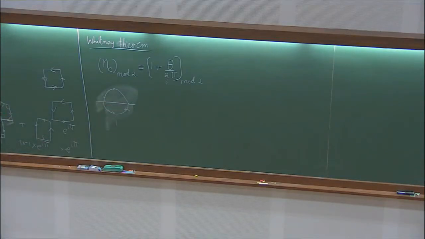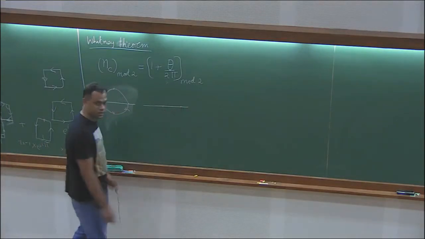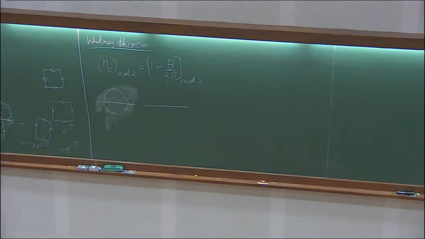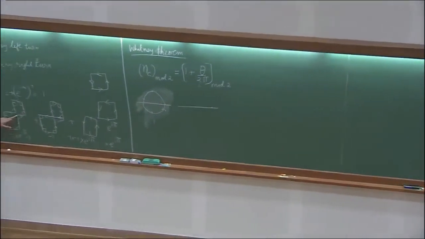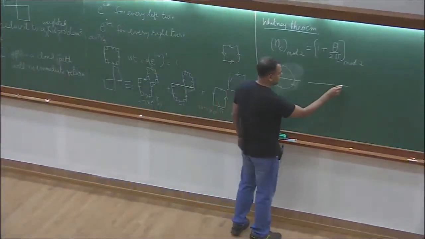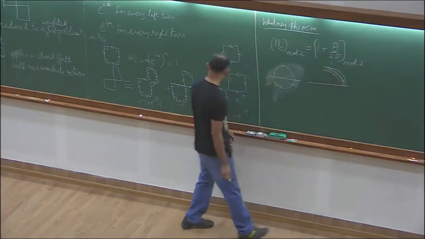Let me look at this example now. In this example, I start at 0. Is it clear what I'm plotting? Okay. My first left turn, right turn, left turn. I'm back to pi by 2.